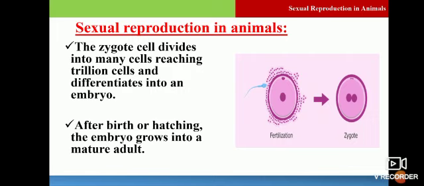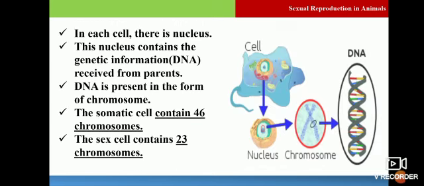After birth or hatching, the embryo grows into the mature adult. If you look at this picture, you can see the cell. As we mentioned before, the cell has many compartments or components. The most important particle inside this cell is called the nucleus. Inside the nucleus, we have the DNA, which is the genetic information. This genetic information, the DNA, is arranged in the form of chromosomes.